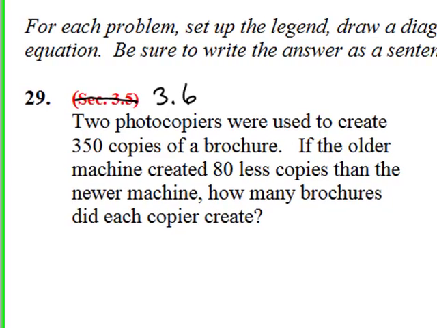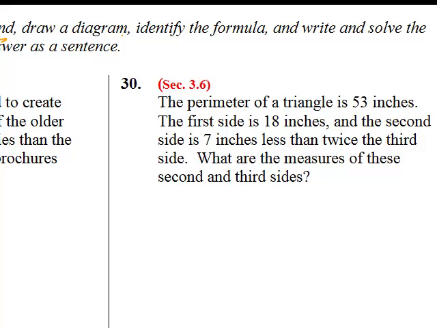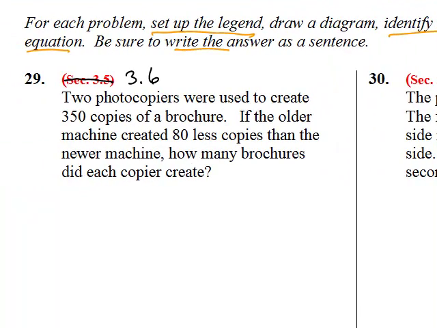Oh, before we do though, our instructions tell us to set up a legend, draw a diagram, which isn't required, but we must identify a formula, and of course then write and solve an equation. And we write the answer as a sentence. One step at a time though. Let's go ahead and look at the legend first of all. Well, actually first read through the problem, then we'll set up the legend.